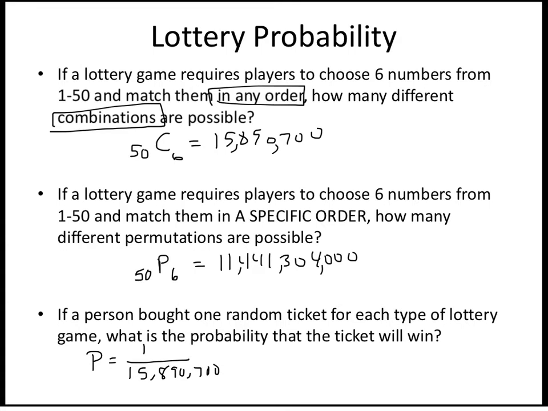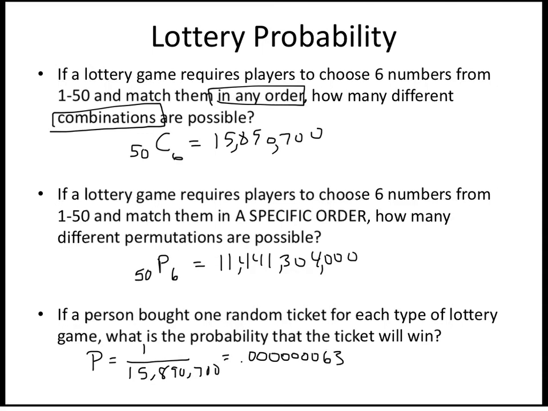15,890,700 is going to be equal to 0.00000063.